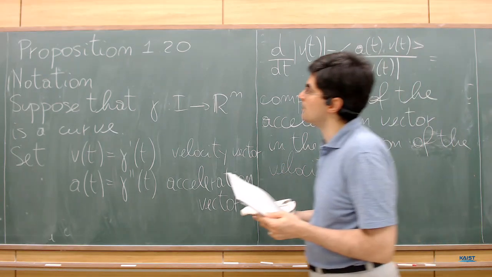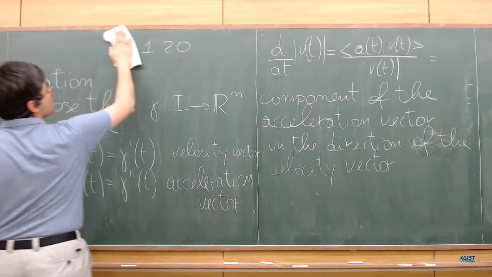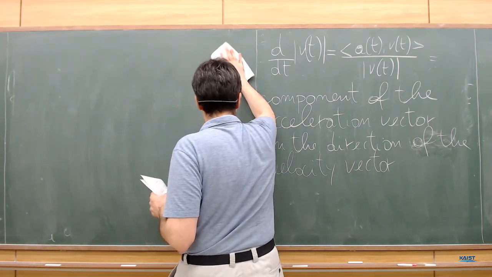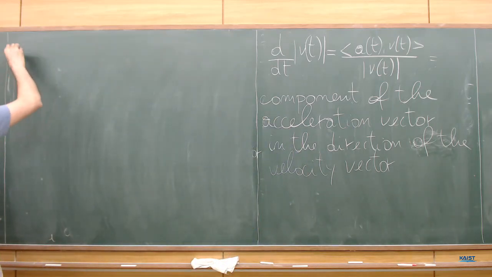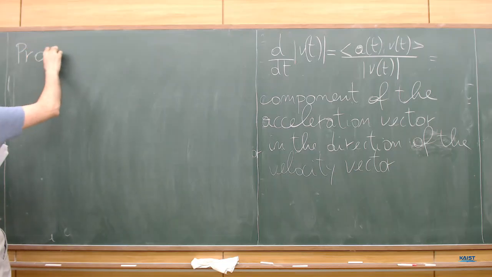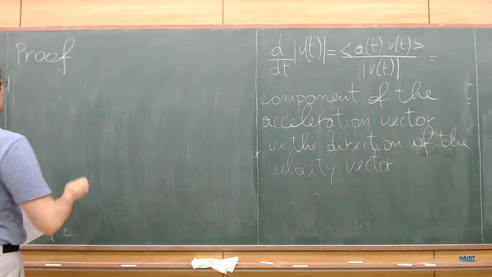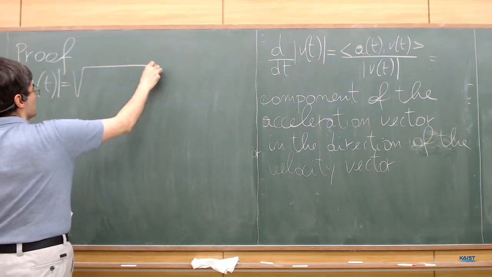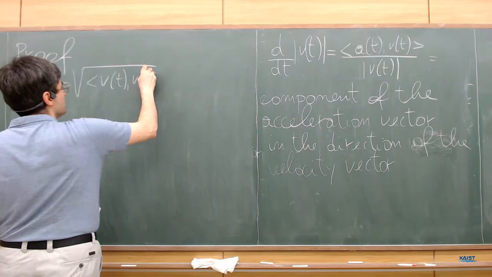Let's prove it. Okay, so we first observe that the length of V of t is the square root of the inner product of V of t with itself.